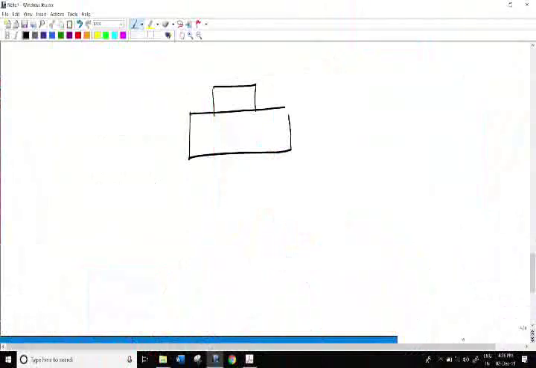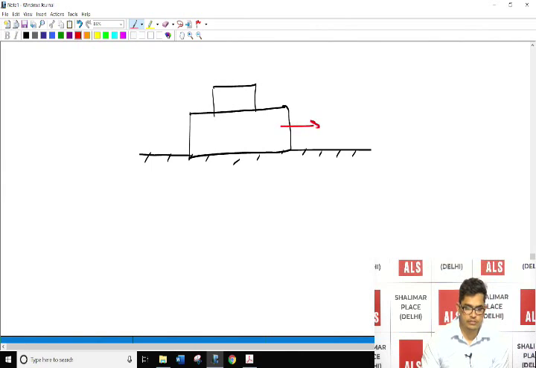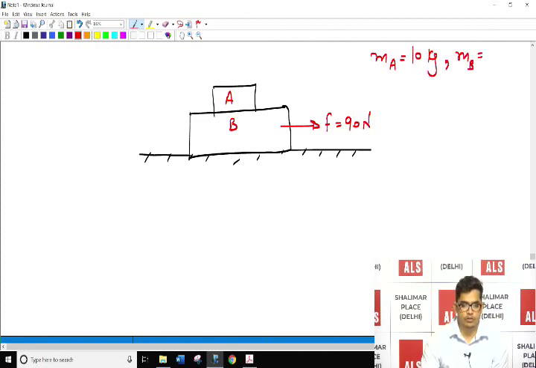Okay, the question is, we have 2 blocks of 10 and 20 masses. This capital F is 90 Newton, this is A, this is B. It is given that mass of A is 10 kilogram, mass of B is equal to 20 kilogram.